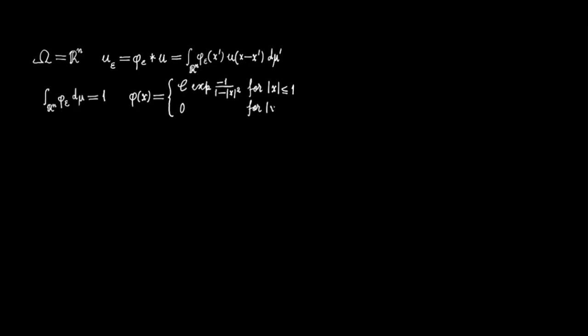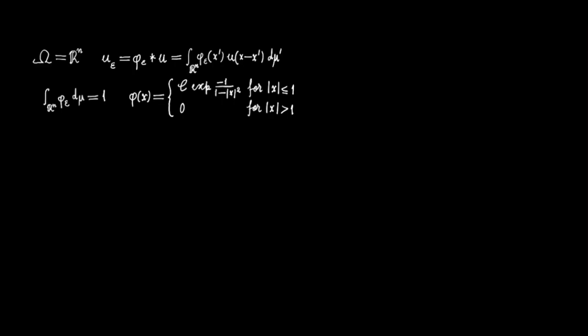Note that this is in fact a smooth function, and since here when we have the norm of x equal to 1, we have 0 in the denominator, and thus we have exponential of minus infinity, which gives us 0.